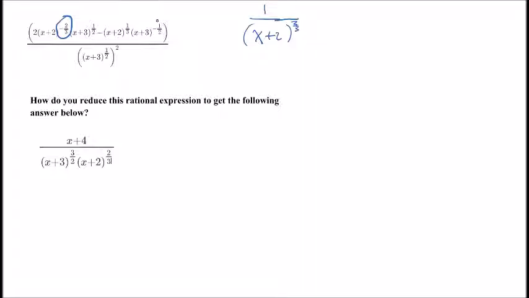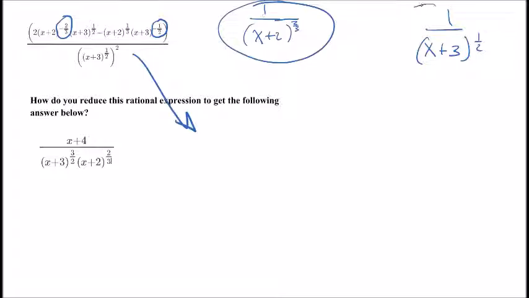Okay, so similarly, if I have this negative 1/2 exponent on x plus 3, that's like 1 over x plus 3 to the positive 1/2. So what I'm going to do is rewrite this expression now with my new positive exponents. So we're only going to have positive exponents here.